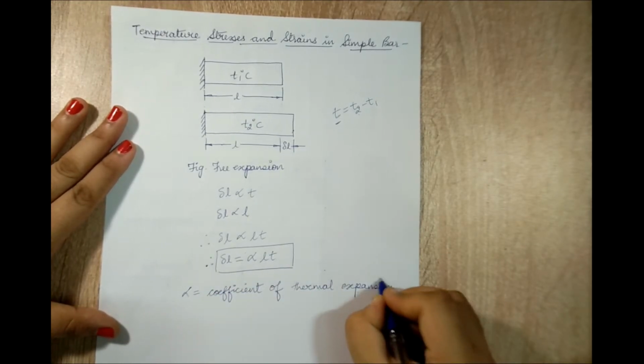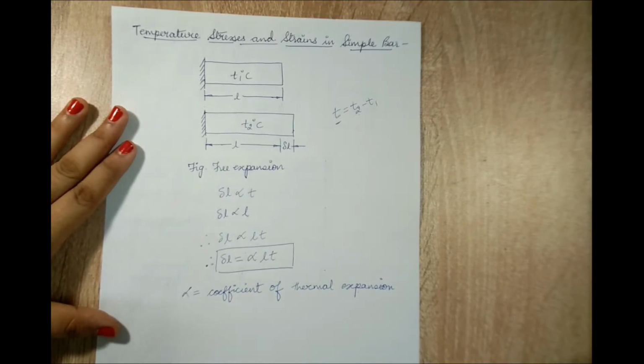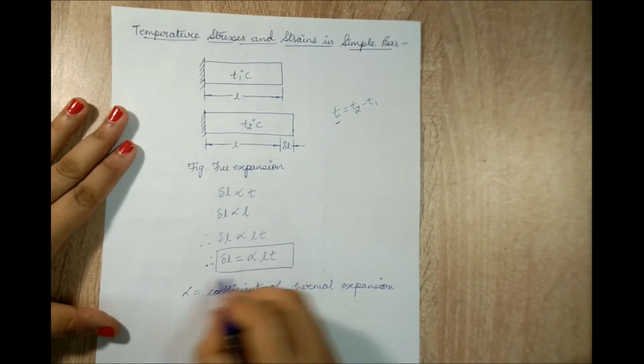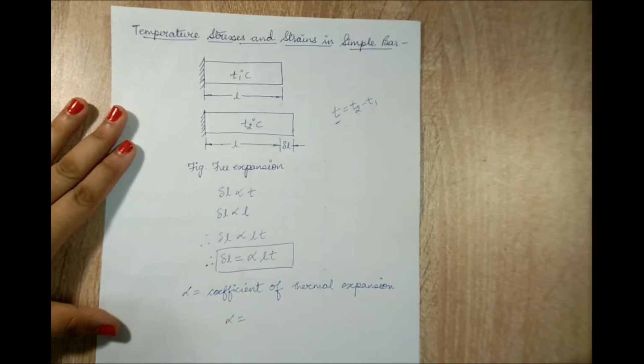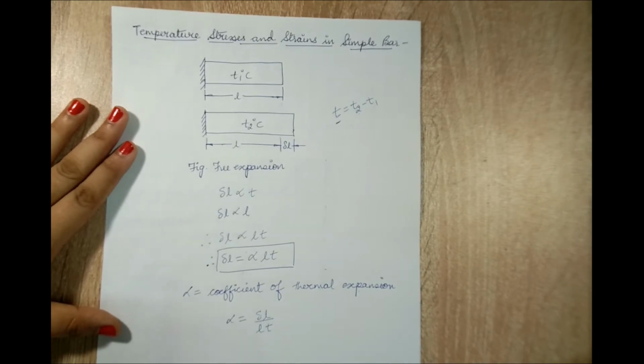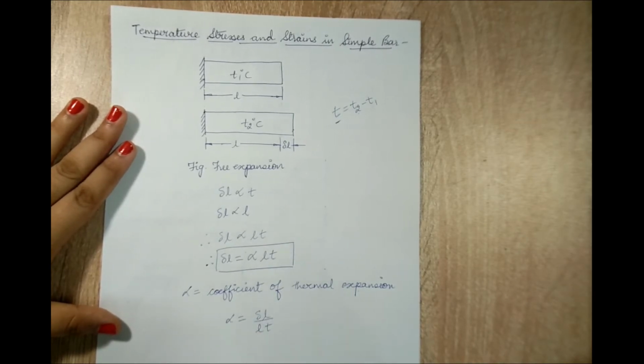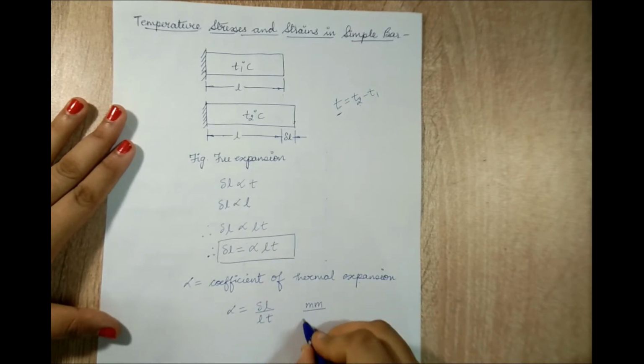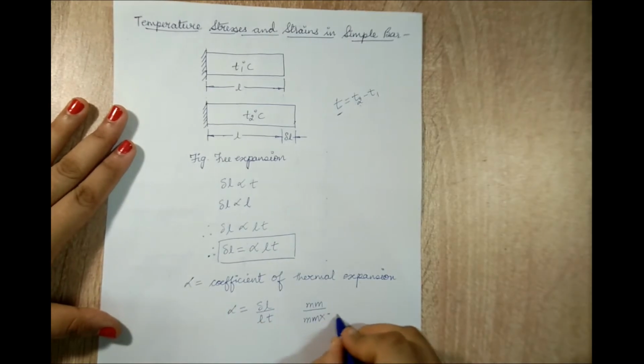This term has a very unique unit. If I take alpha on one side and the rest of the terms on the other side, I get alpha is equal to delta L by L into T. Now assume delta L and L are in mm, so this unit is mm upon mm, and the unit of temperature is degree Celsius.